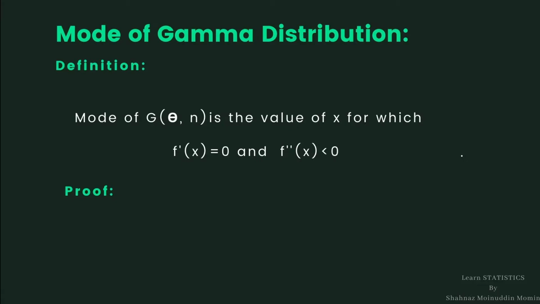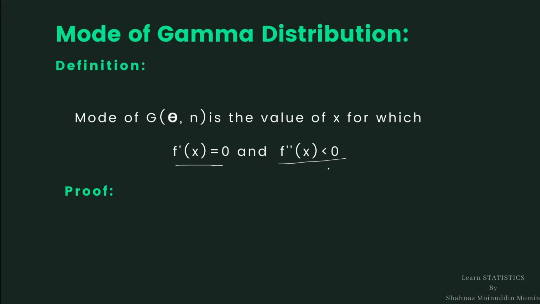The mode of gamma distribution with parameters theta and n is the value of x for which the first derivative of the PDF, f dash x, equals 0 and the second derivative, f double dash x, is less than 0. We know that mode is the value of x for which the PDF must be maximum.